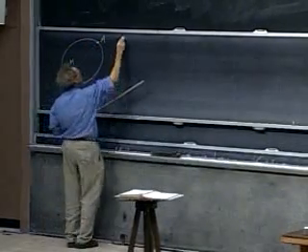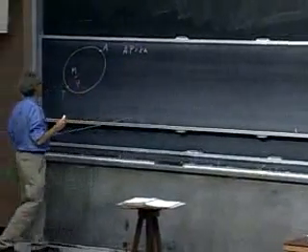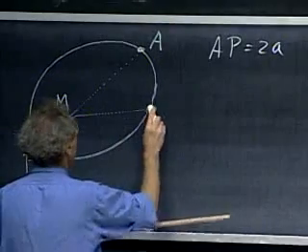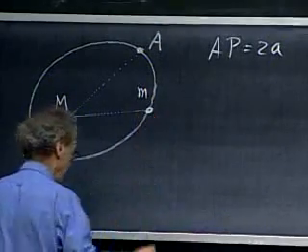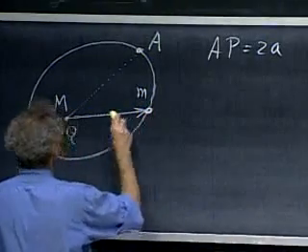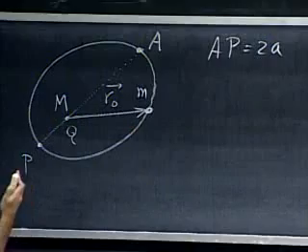So the distance AP equals 2a, a being the semi-major axis, and our object happens to be here, mass little m, and this distance equals r0. Think of it as being time 0.